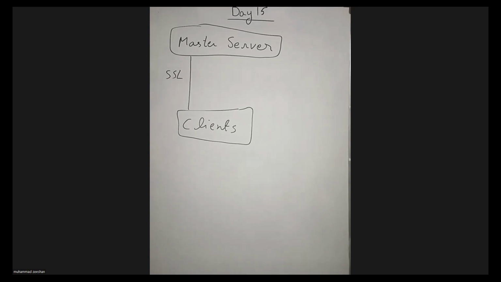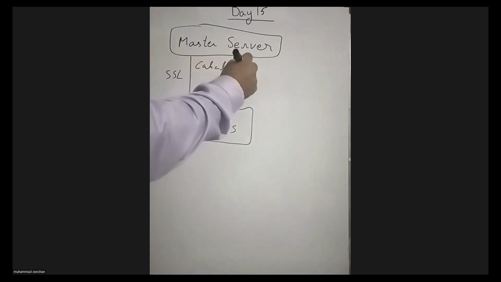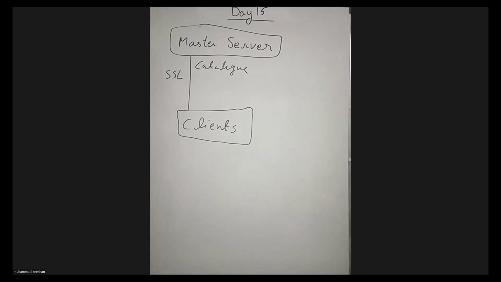We don't need to go very deep here, but the communication is through SSL. The most important thing is that with Ansible we can deploy code, copy files, and do so much, but with Puppet we only send the catalog.